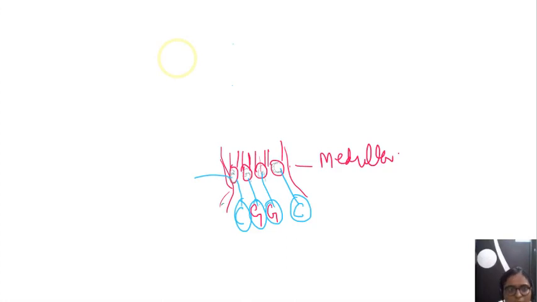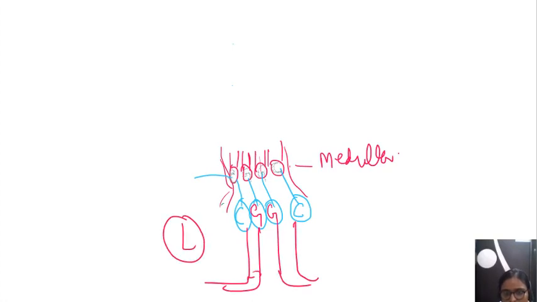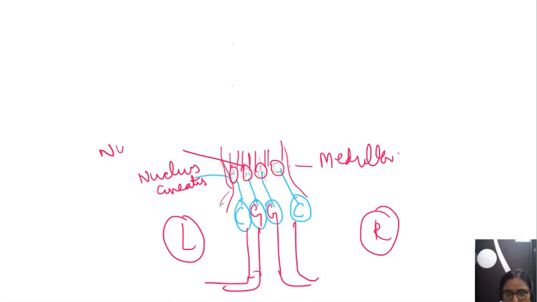Fine. Here after reaching here, from both sides, right? For example, from your left side and from your right side. So after reaching here in the nucleus cuneatus and nucleus gracilis, likewise on the other side.